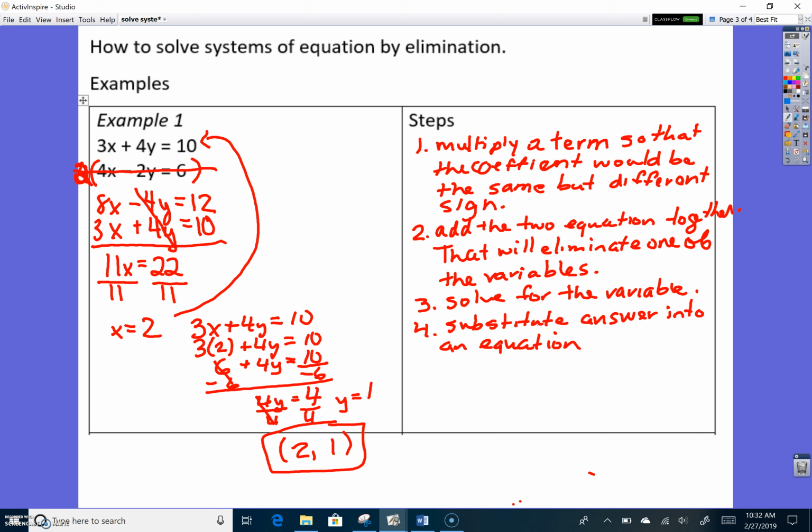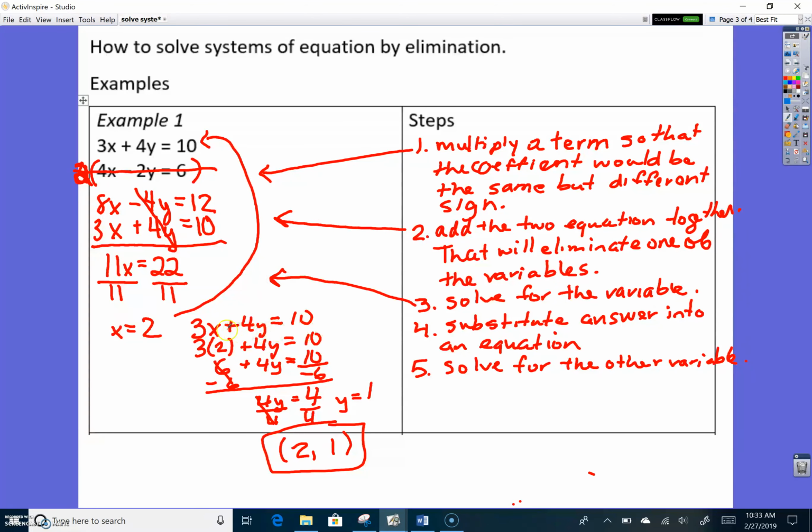Then the last thing we do is solve for the other variable. So this is the first thing we did, right there. Then I add the two equations together, then I solve, and right here I substituted, and then I solved again.